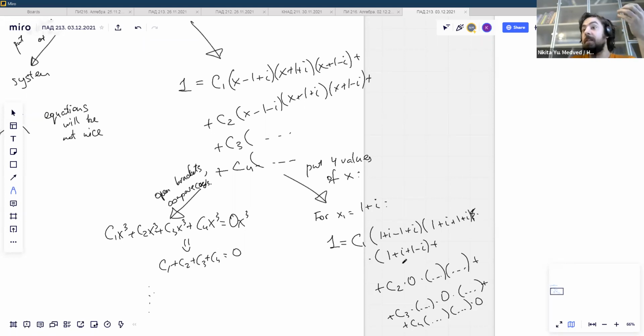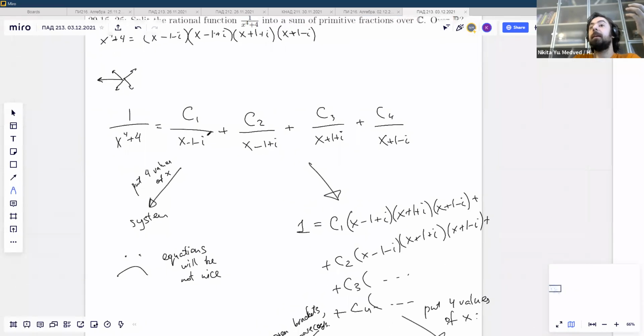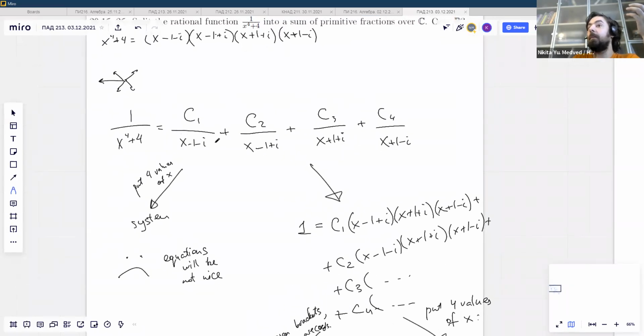That's because the bracket x minus 1 minus i appears here, here, and here. This bracket was in the first denominator, so now it appears for the other three fractions in the numerator after we multiplied.